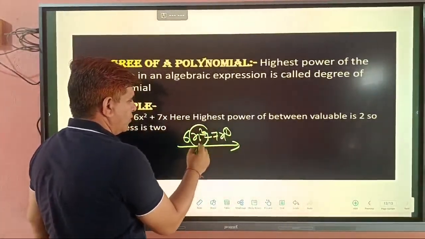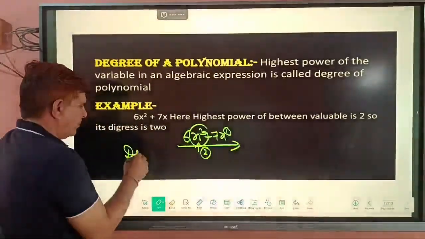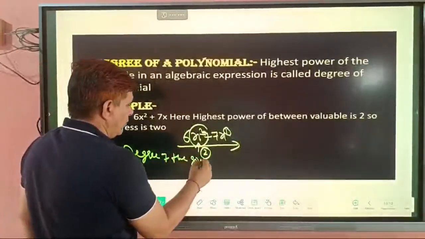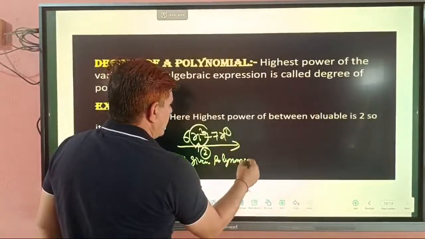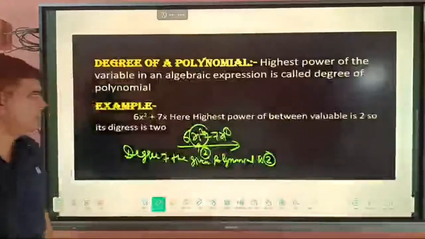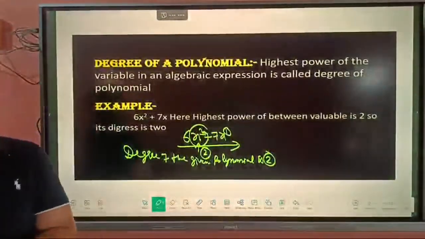So the highest power of the variable is 2. So here the degree of the given polynomial is 2. This is known as the degree of the polynomial. The highest power of the variable is known as the degree of the polynomial.